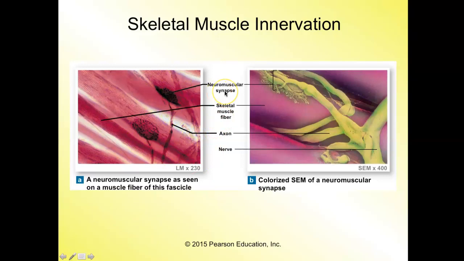So that junction between the motor neuron and the muscle fiber is called a synapse, neuromuscular synapse. Neuro for nerve, muscle, synapse. A synapse is when you have the neuron talking to, communicating with another cell.